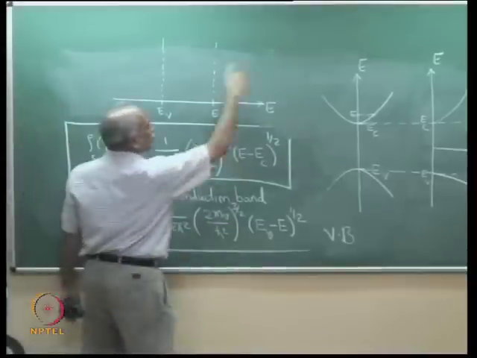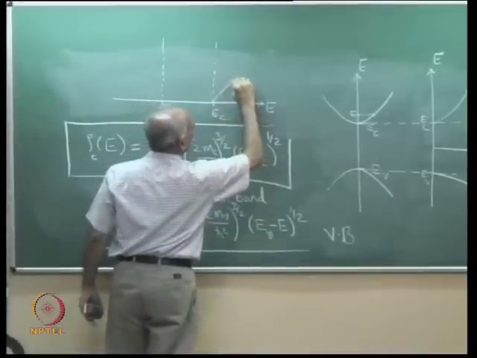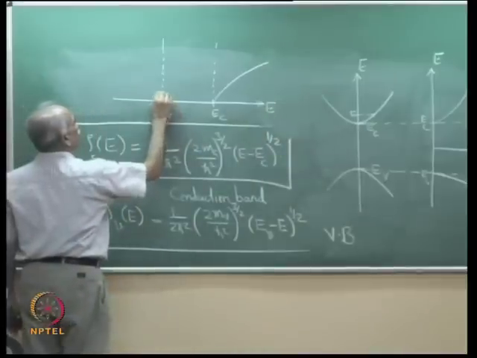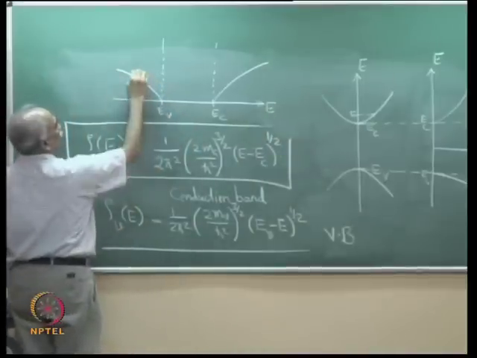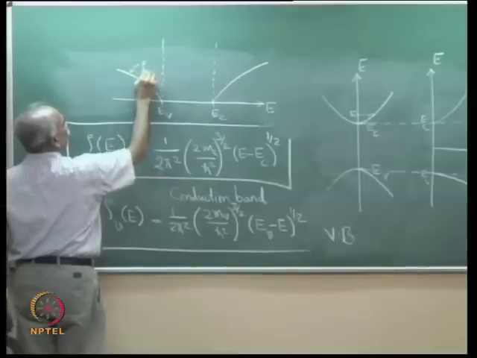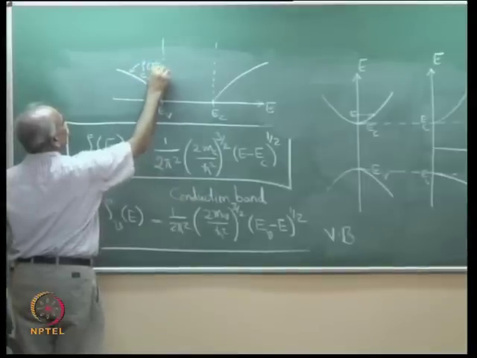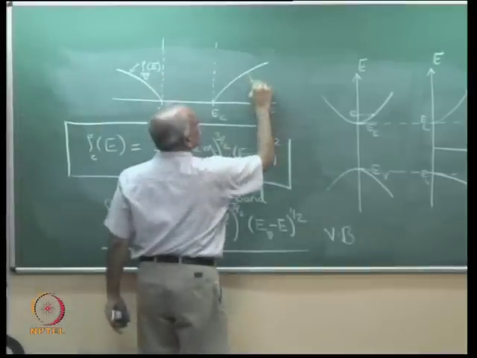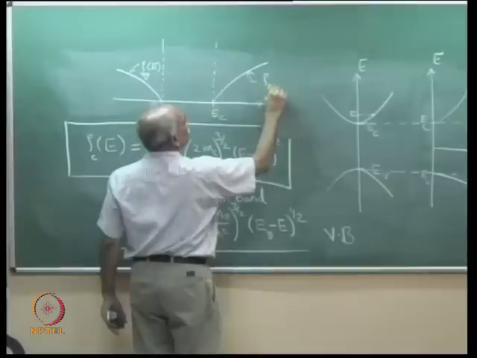So it is square root of E variation. So this varies like this, and this one varies. So this is rho C of E, rho V of E, and this is rho C of E.